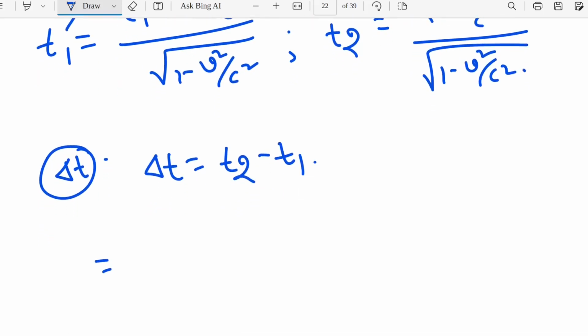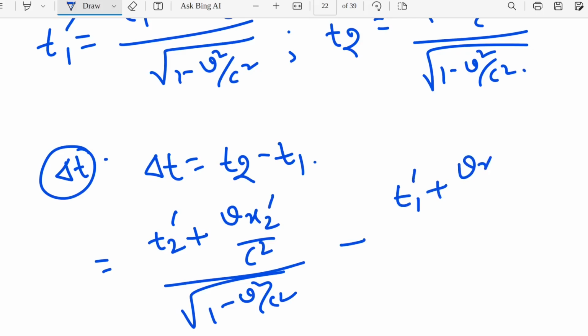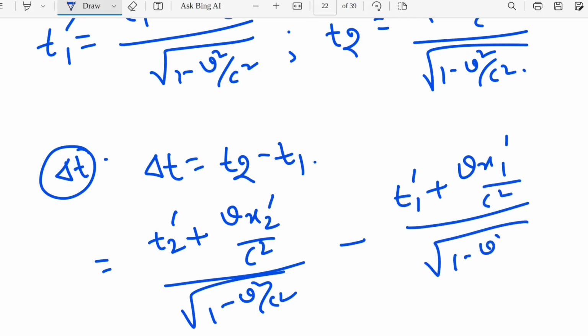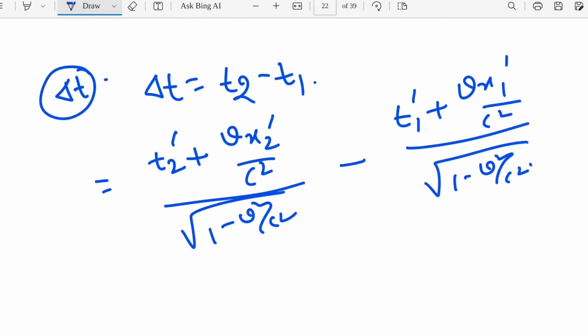So if I write T2 minus T1, it will be T2 prime plus V x2 prime by c square, over root of 1 minus v square by c square, minus T1 prime plus V x1 prime by c square, over root of 1 minus v square by c square. Now you can see here that x1 prime and x2 prime are unknown for us.